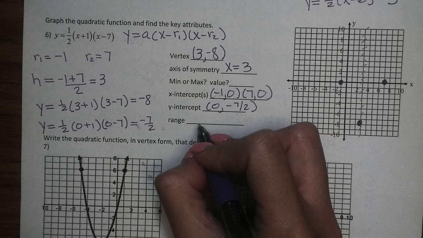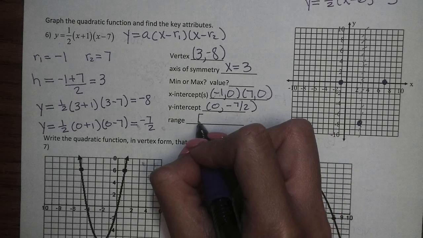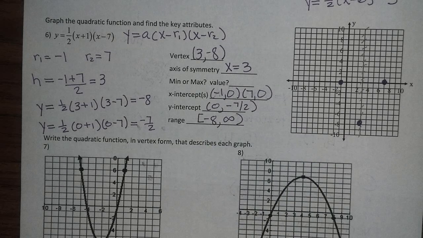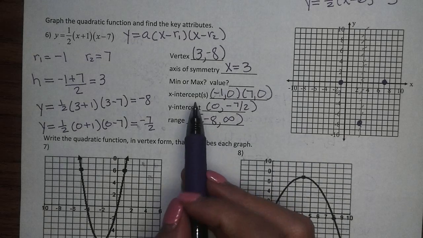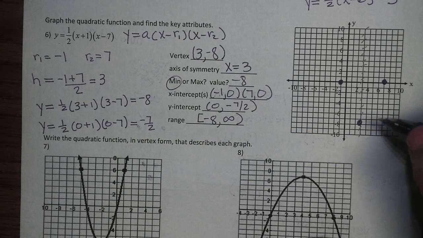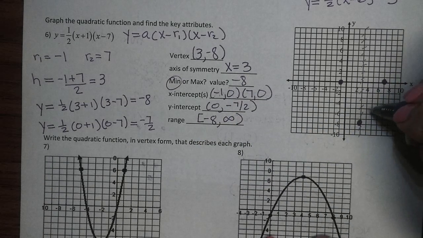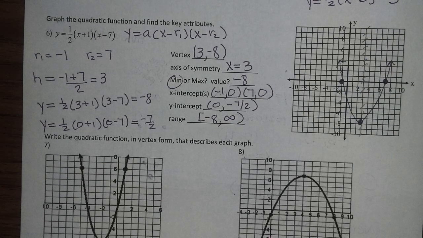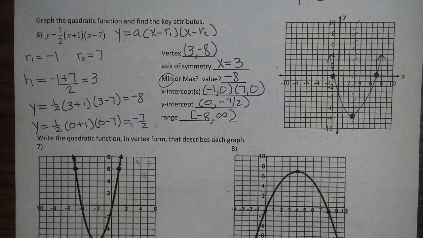The range is going to be from -8 to infinity because it opens up, and this has a minimum value of -8. We can just do those 3 points. That's enough to graph: you just need the vertex and 2 other points. So that's how you would use root form to find out all the information.